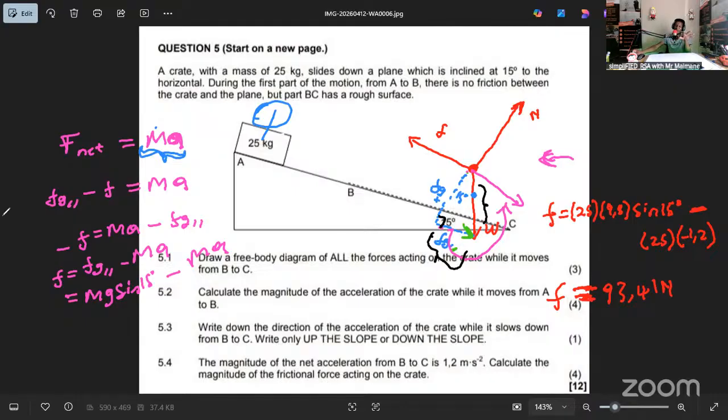The part that people are losing marks from is breaking down F net of the scenario, of whatever object they have. Because from F net, that's where you decide which forces you are including and which ones you are taking out. That's where you lose all the marks.